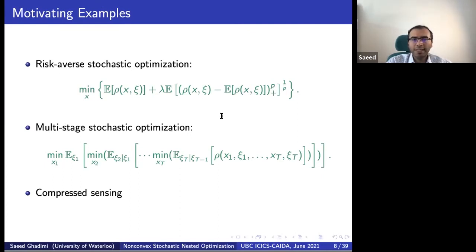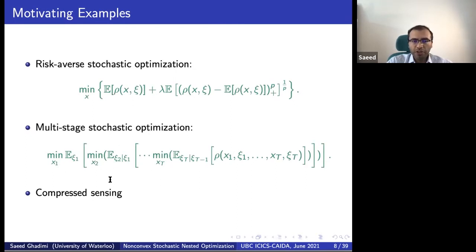The next one is multi-stage stochastic optimization. So in the multi-stage stochastic optimization, assume that for each stage we have random variables psi i. If we assume that these random variables are coming from a finite random walk process, then the multi-stage stochastic optimization can be written in this form.